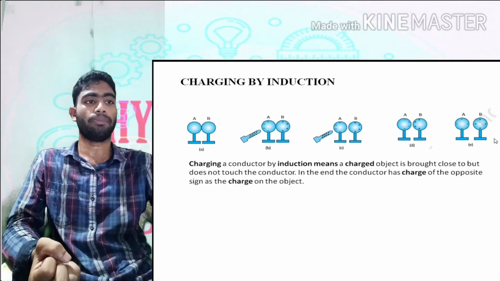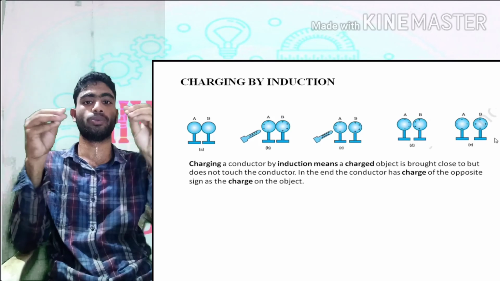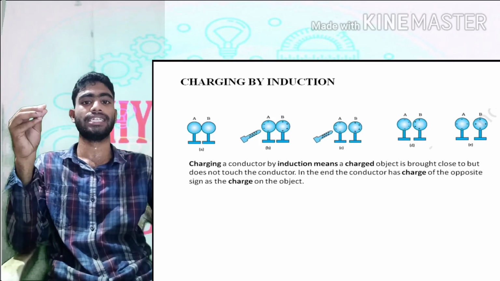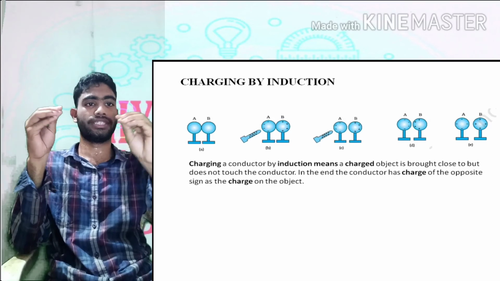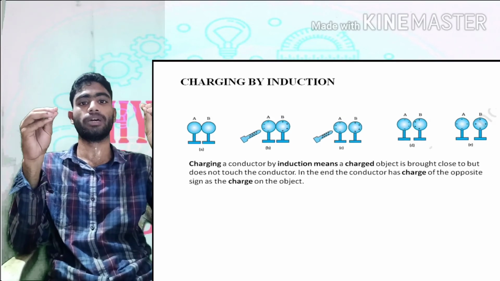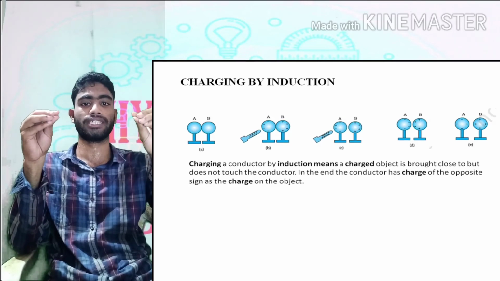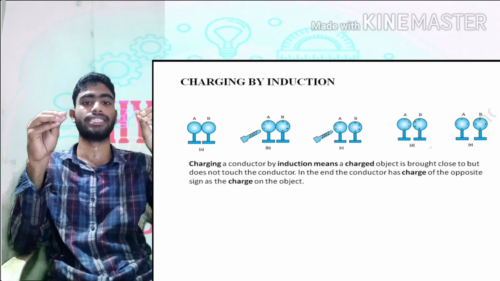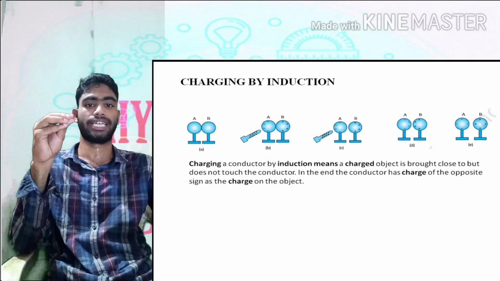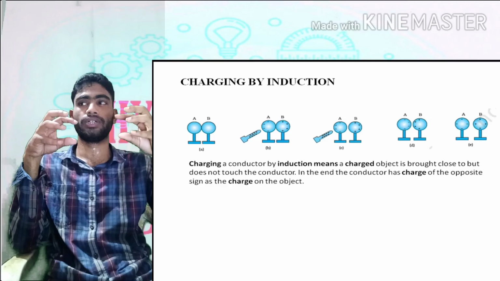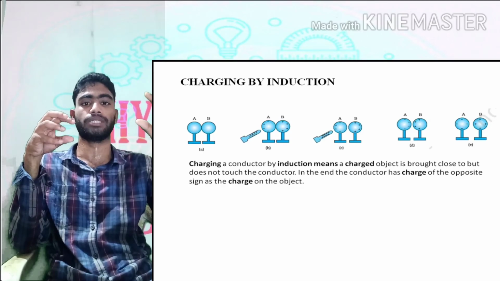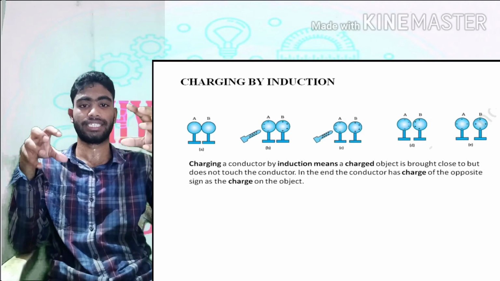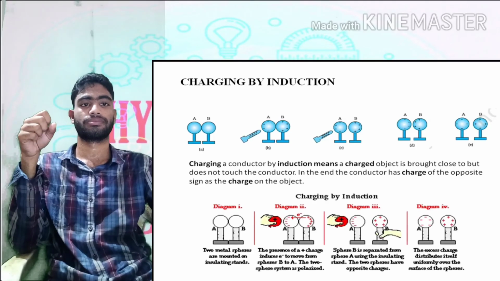And finally, when we separate these two bodies with a distance, then we get two charged bodies. Understand? So this whole process is the method of induction. The method of induction means, without touching the uncharged body with the charged body, we get charged bodies.